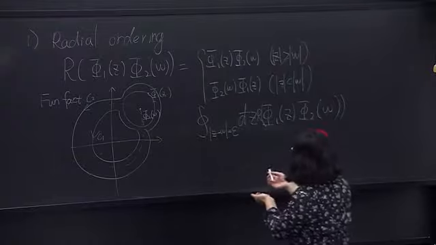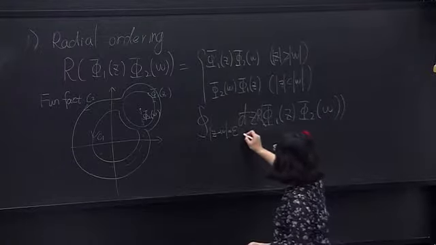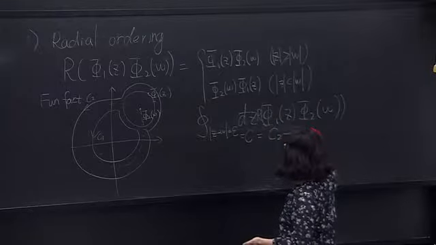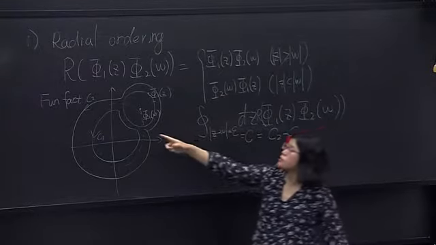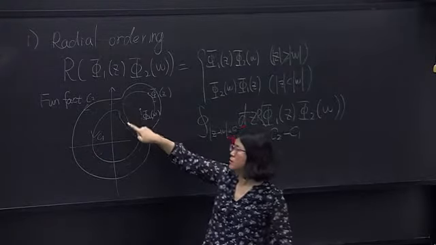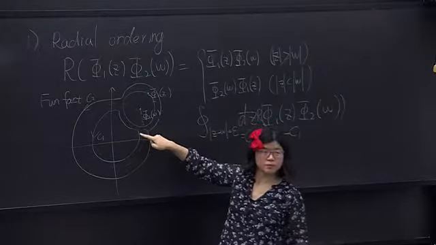So what I'm claiming is this contour, let's give it a name C, is equal to C2 minus C1. So I could do C2 and do C1 backwards and do the last part of little C1.